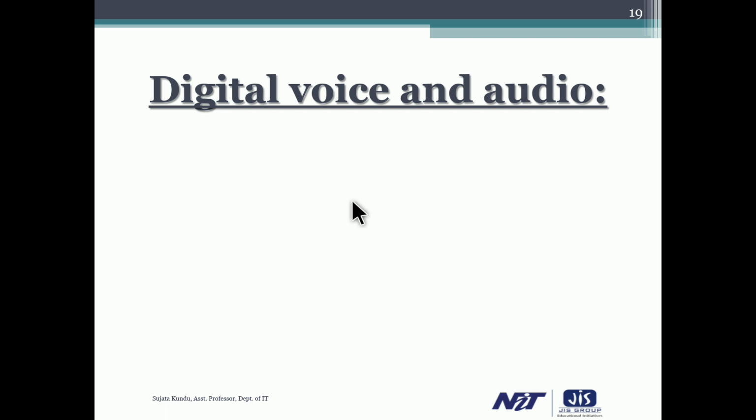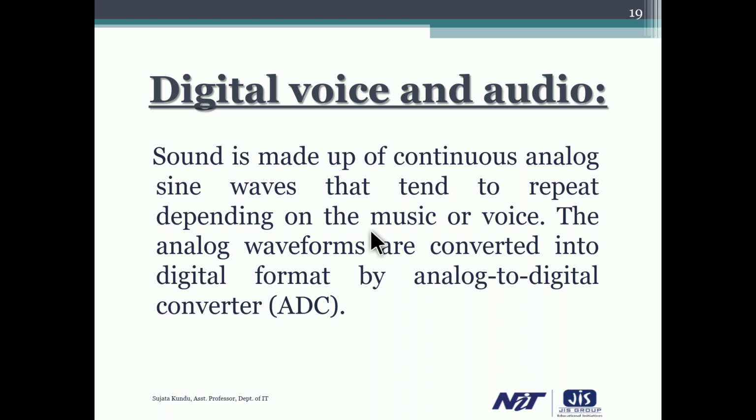Next, we will discuss digital voice and audio. Sound is made up of continuous analog sine waves that tend to repeat depending on the music or voice. The analog waveforms are converted into digital format by an analog to digital converter, that is ADC. Digital audio is created when a sound wave is converted through a process referred to as digitizing.